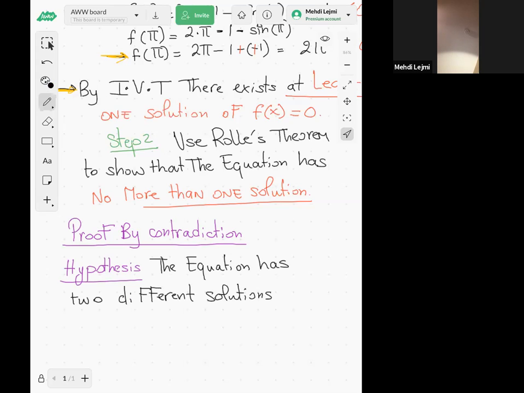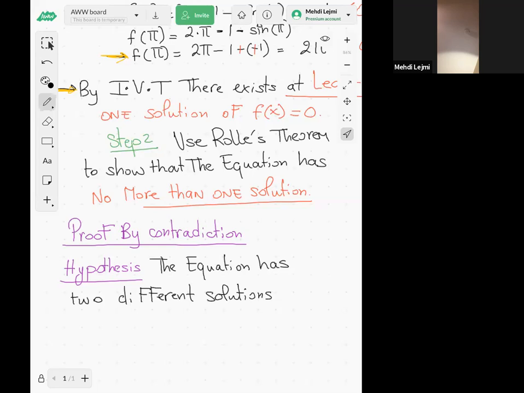Then I'm going to use Rolle's theorem to deduce a contradiction. And once you have a contradiction, it means that the hypothesis is wrong, so you cannot have two different solutions.